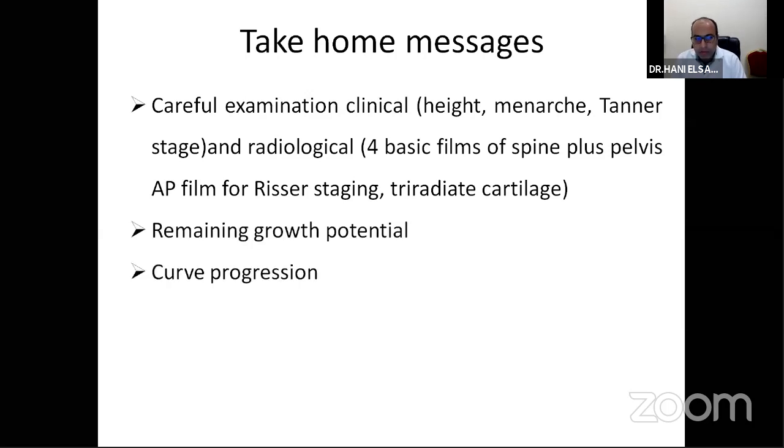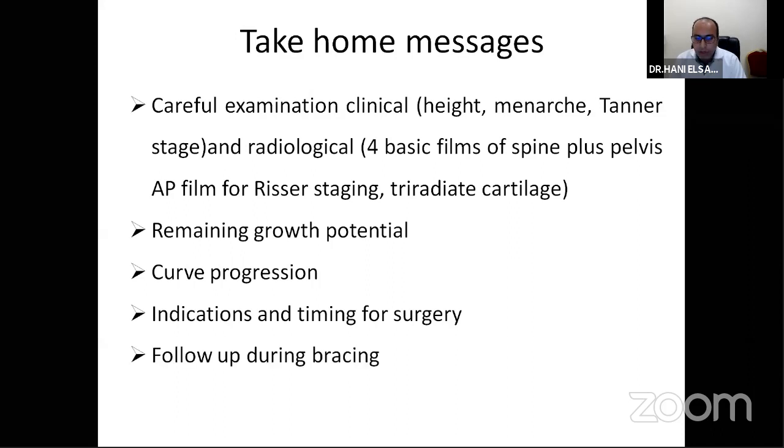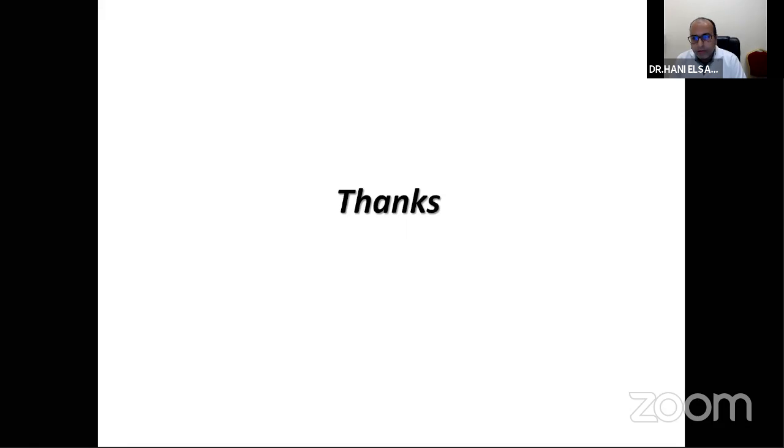This gives us an idea about the remaining growth potential, which affects curve progression. What about the indications and timing for surgery? Follow up during the bracing, and be careful to decrease the risk of complications. Thank you.